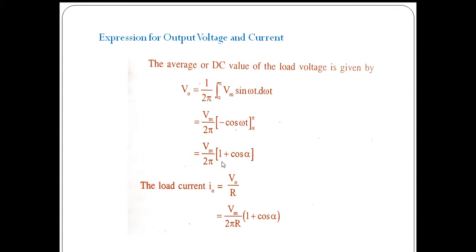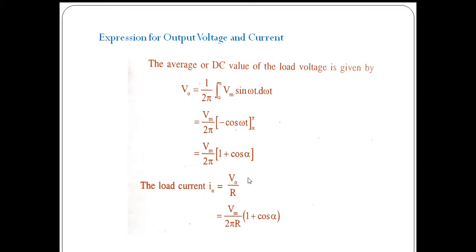So Vm by 2 pi times minus cos of pi, which is minus into minus, plus 1, and for the lower limit minus into minus, plus cos alpha. So the upper limit gives 1 and the lower limit gives cos alpha. The output voltage is V naught equal to Vm by 2 pi into 1 plus cos alpha. You need to remember this.